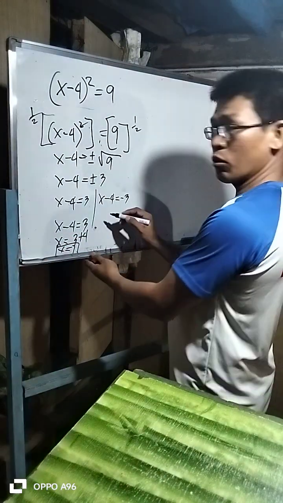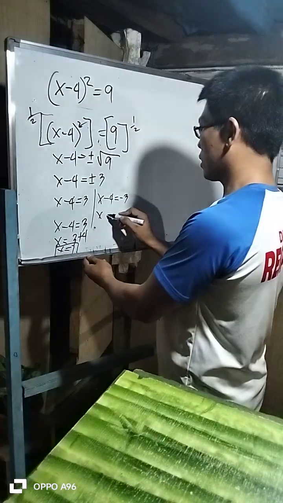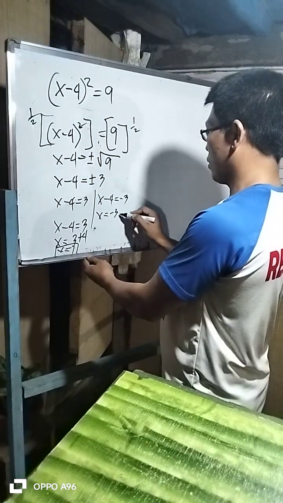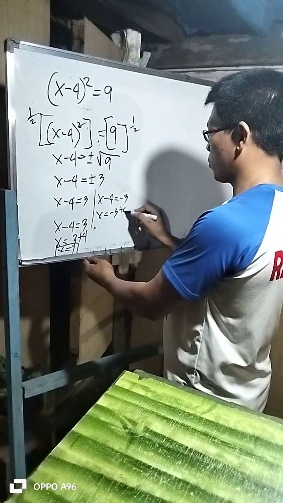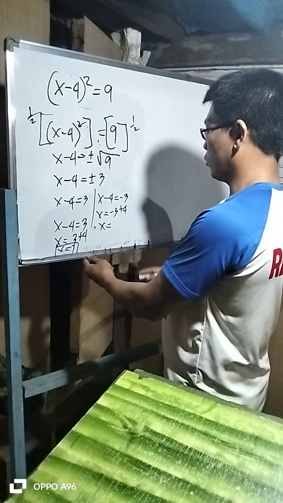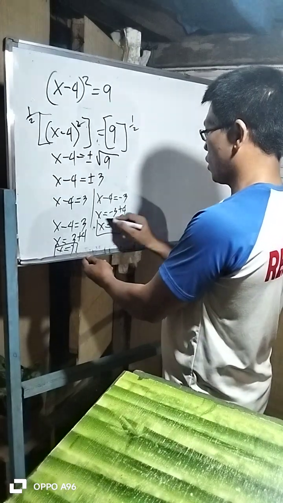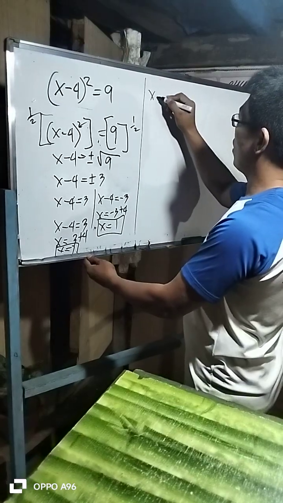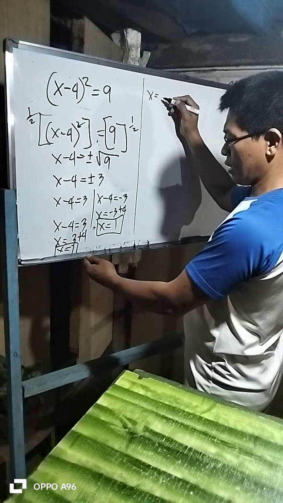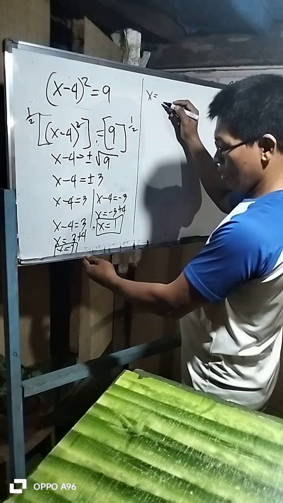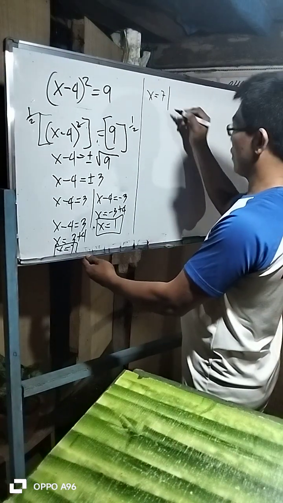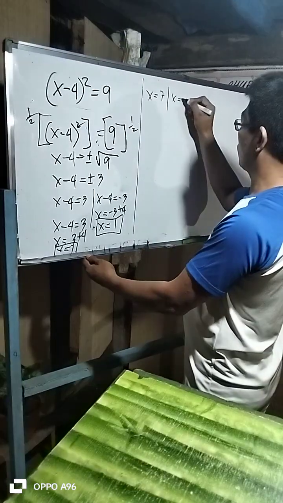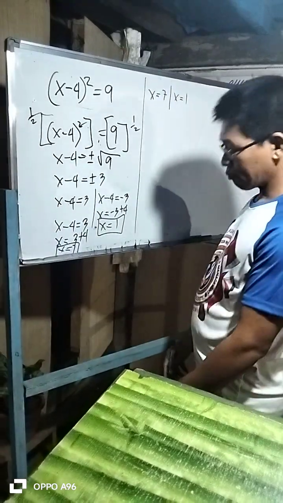For the second one, x minus 4 is equal to negative 3, transpose negative 4 becomes positive 4, x is equal to positive 1. Therefore, the first root is x is equal to positive 7, and the second one is x is equal to 1.